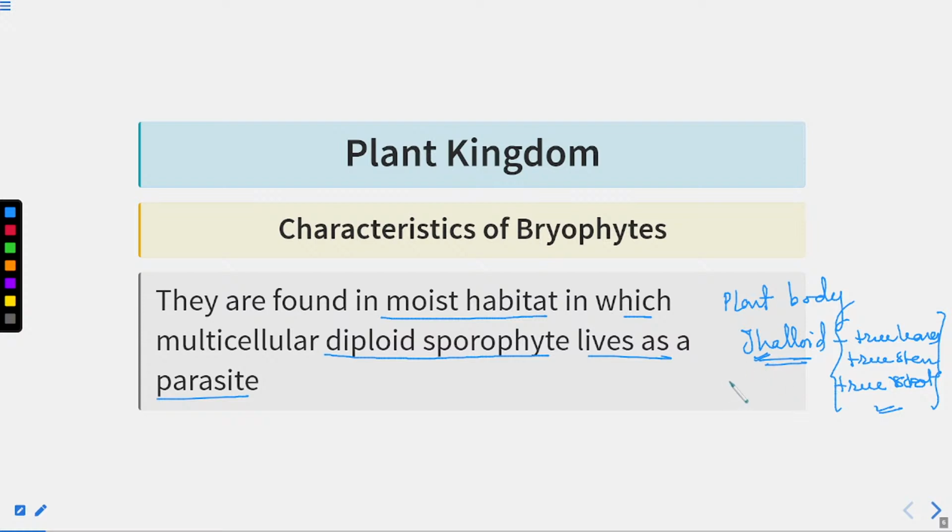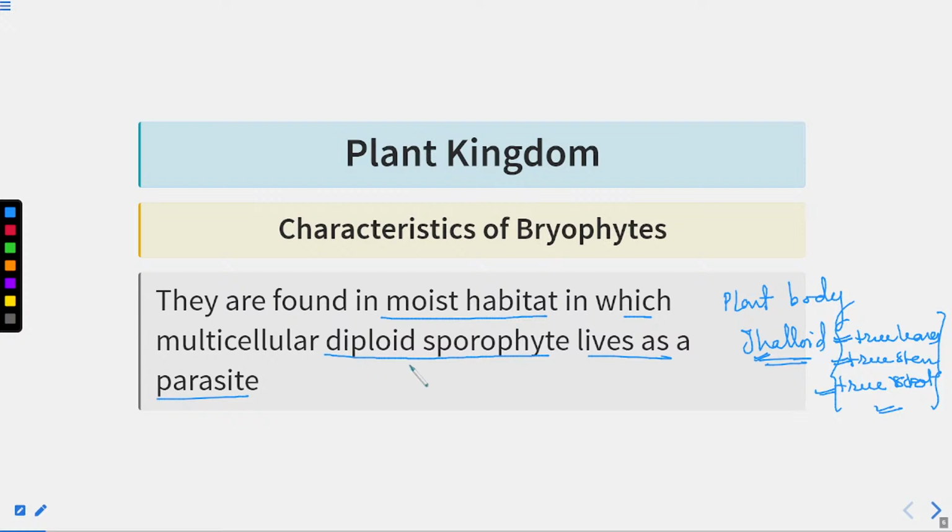But it is quite different from the algae. How is it different? Because it has root-like structures instead of true roots, stem-like structures instead of true stem, and leaf-like structures instead of true leaves. Means true leaves, true stem and true roots are not present, right?